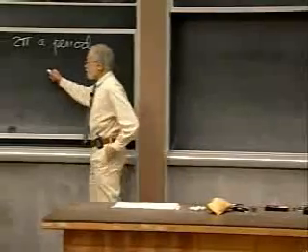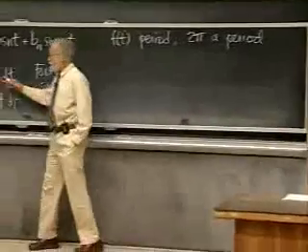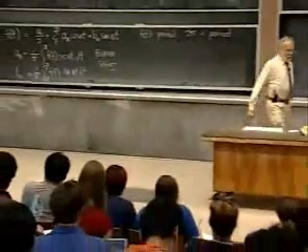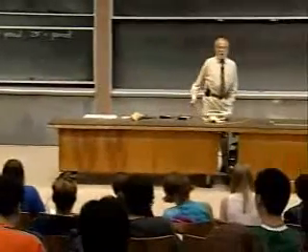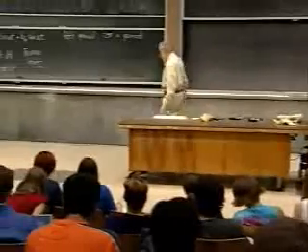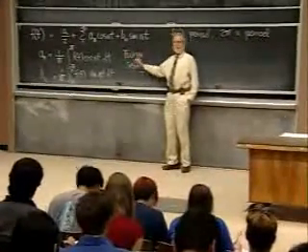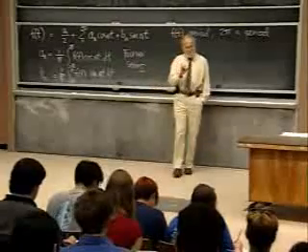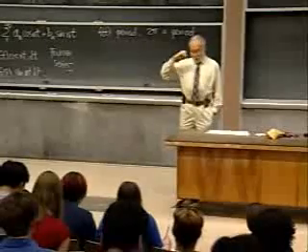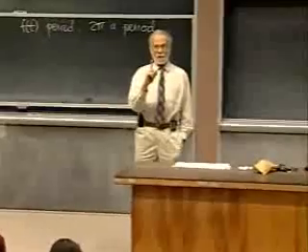The an's and bn's are calculated according to these formulas. Now, we're going to need in just a minute a consequence of those formulas, which is not subtle. Because there are formulas for an and bn, it follows that once you know f of t, the an's and bn's are determined.